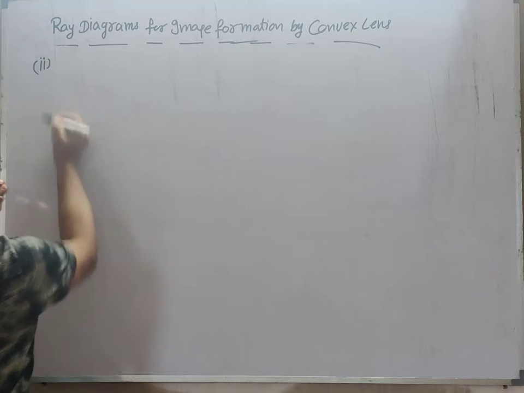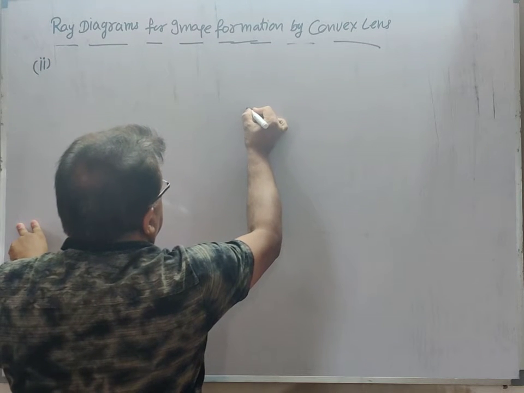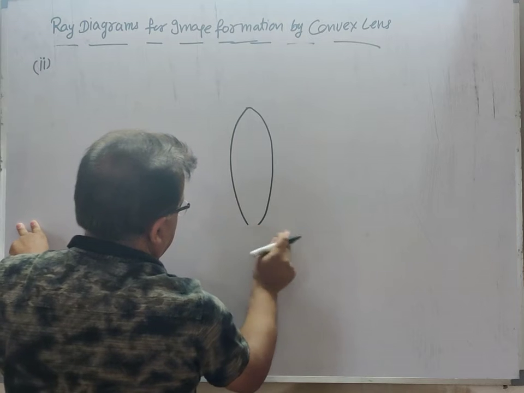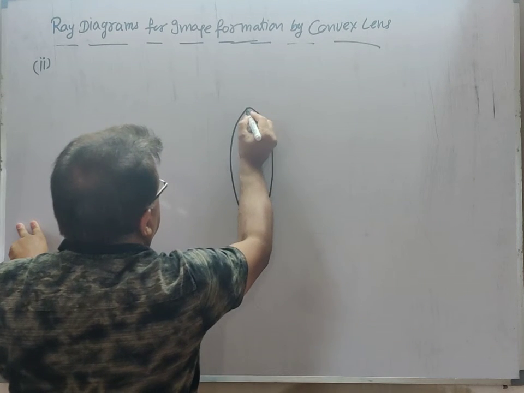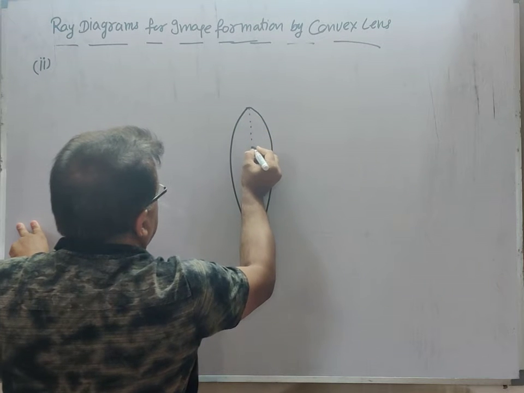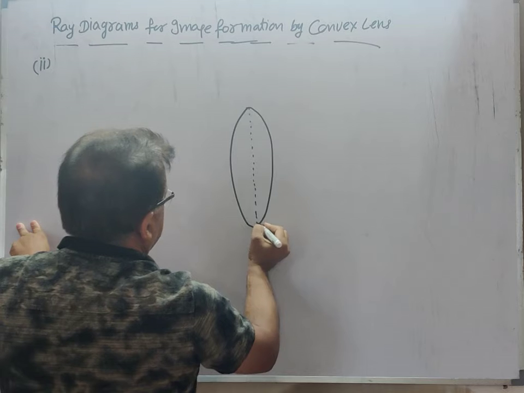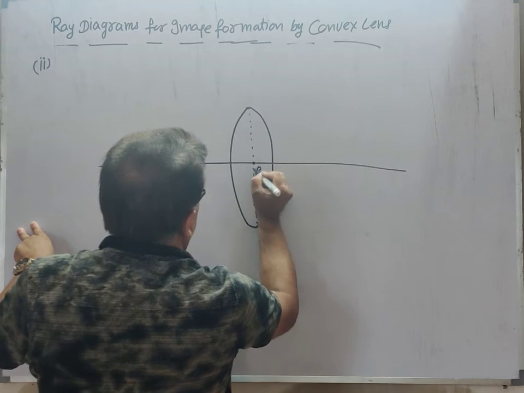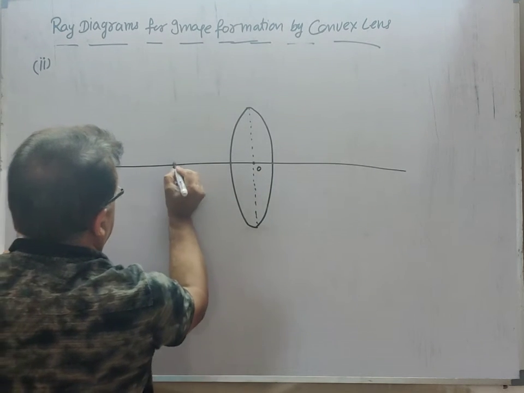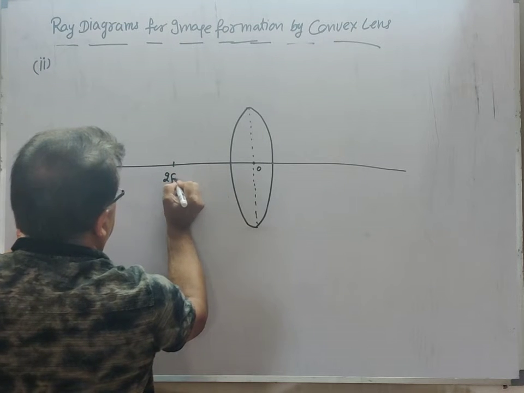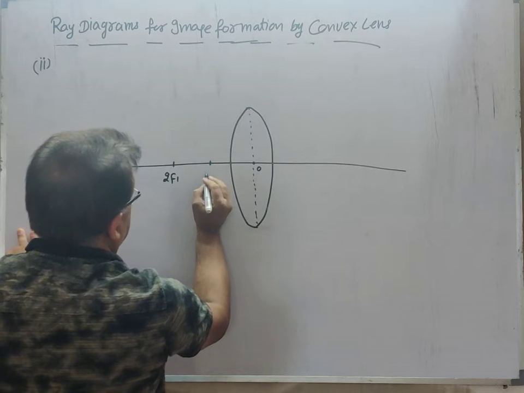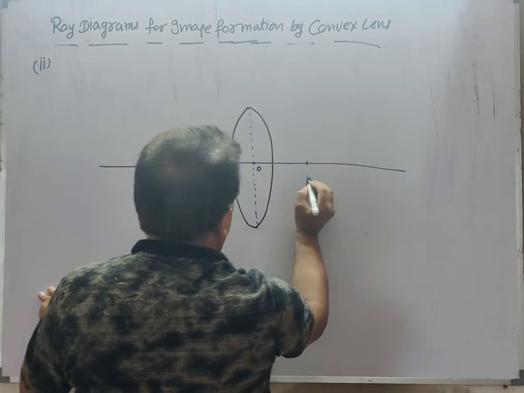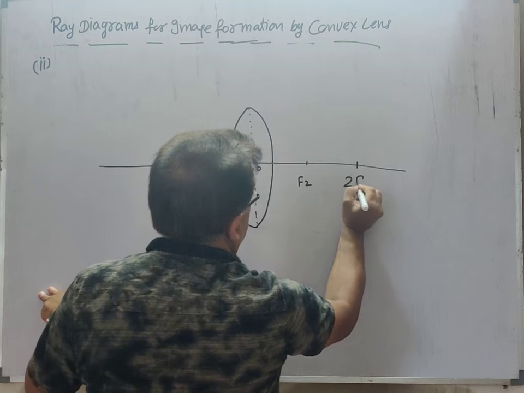Second. This is the optical center, and here it is 2f1, in the center there is f1, and on that side it is f2 and 2f2.